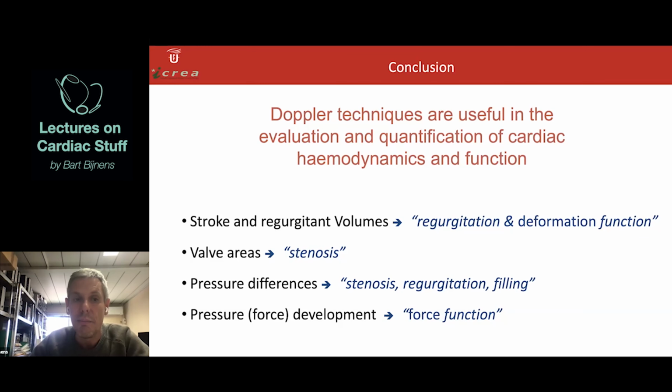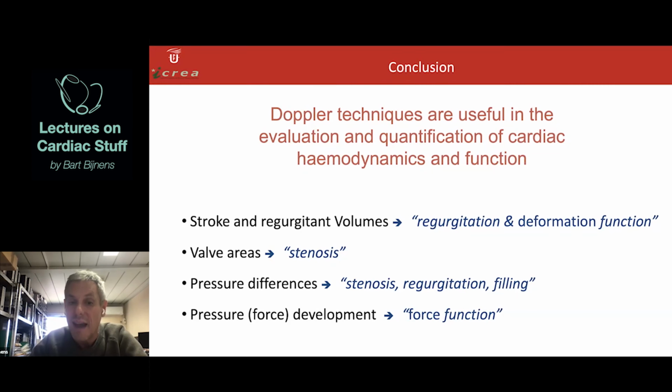That's related to measuring volumes, stroke volumes, and regurgitant volumes because of leaking valves, because of shunts and things like that, to estimate stenosis areas, so areas of valve stenosis or areas of regurgitation, for example, and to measure pressure differences, which might be related to stenosis or regurgitation, or can tell us something about filling, because filling and ejection are related to these pressure gradients.